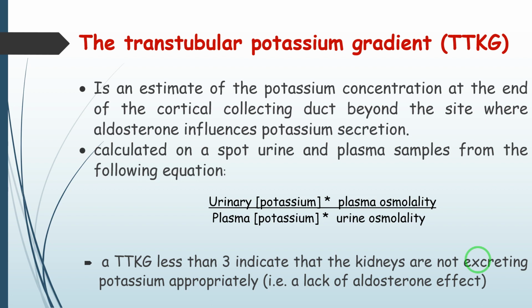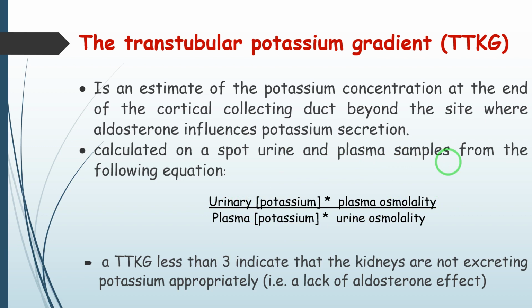Then by applying this equation, urine potassium multiplied by plasma osmolality divided by plasma potassium multiplied by the urine osmolality. In this case, if the result of this equation was less than 3, it indicates that the kidneys are not excreting enough potassium.